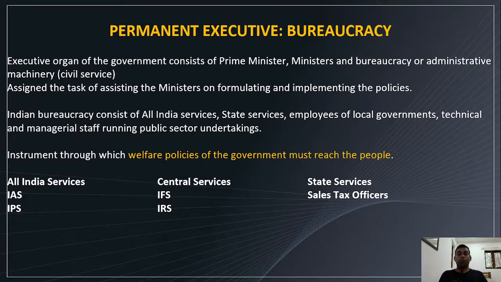And they do formulating as well. And here you can see some examples: all India service, IAS and IPS, then central service, IFS and IRS, then state service, sales tax offices and some other services. So this is all about executive.